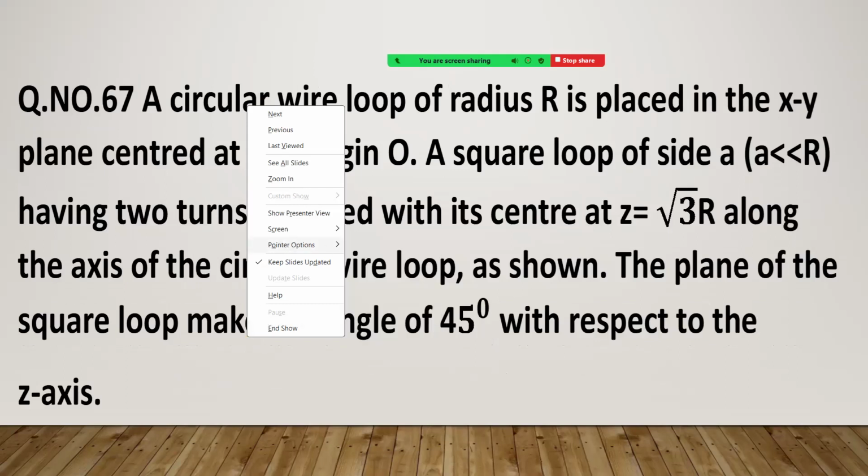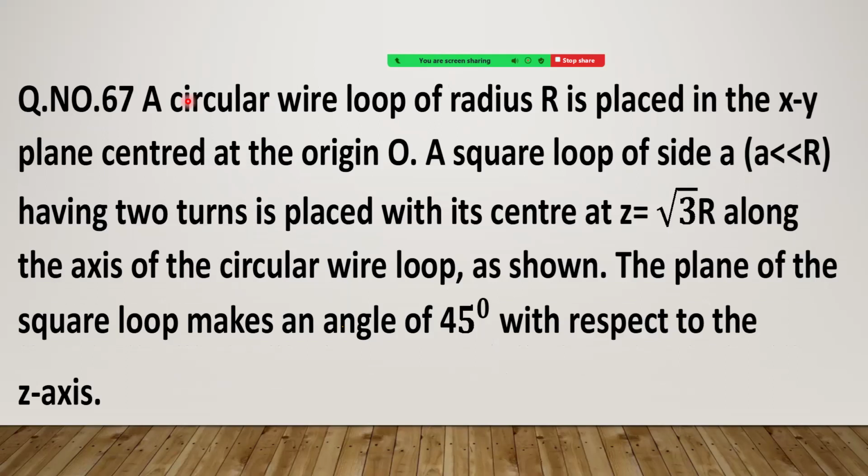Right, see the question given. A circular wire loop of radius R is placed in the xy plane centered at the origin O. A square loop of side A, where A is very small compared to R, having two turns, is placed with its center at z equal to root 3 R along the axis of the circular wire loop as shown.